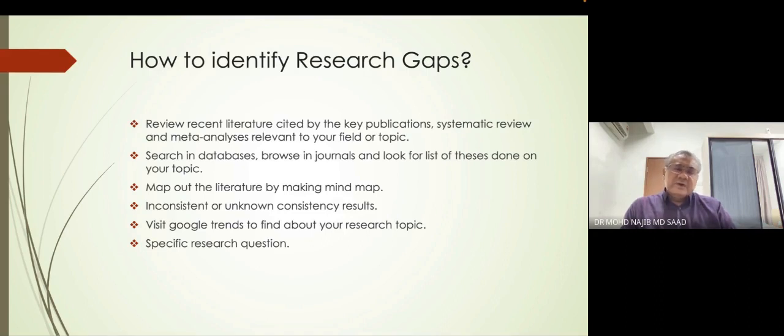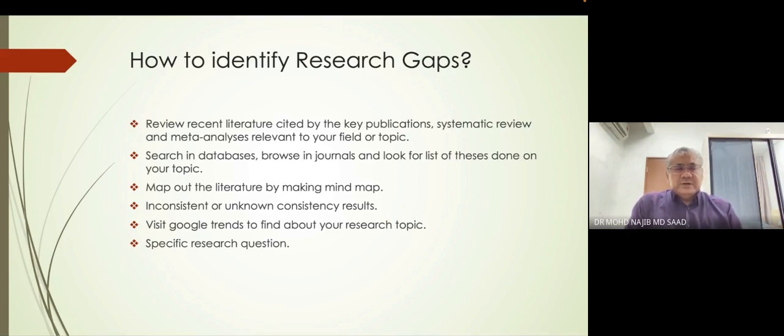You can browse and search in databases, and browse the outstanding established journals. For example, you can look at ISI, Scopus, as well as Web of Science. These are the outstanding journals that will help us identify research problems or issues that are currently debated by researchers.